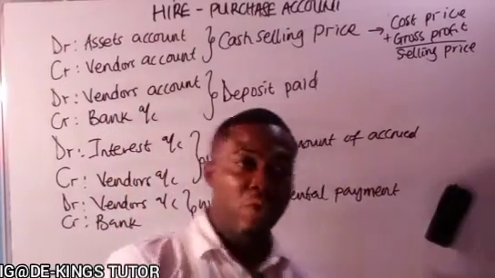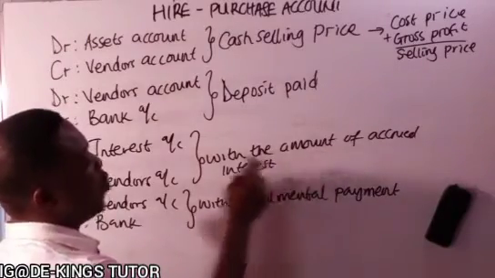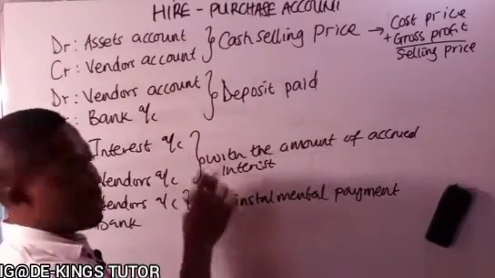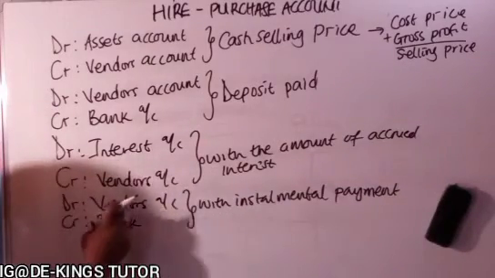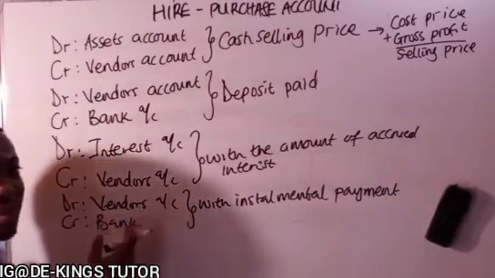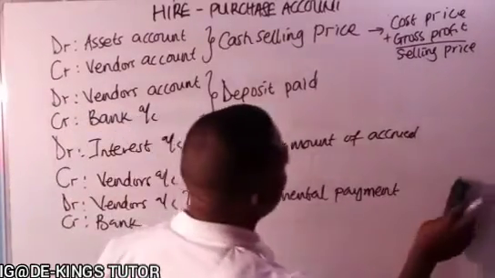I said before that this interest is embedded in the installment payment, so we have to know how much was added as interest. Then for the installment payment, we credit the bank and debit the vendor's account since it is received by the seller.